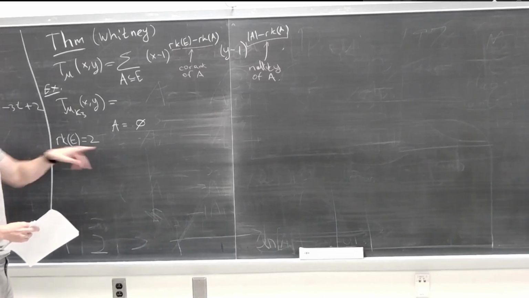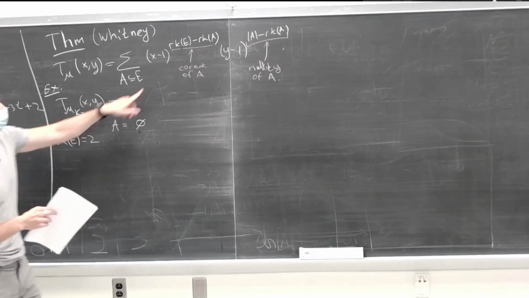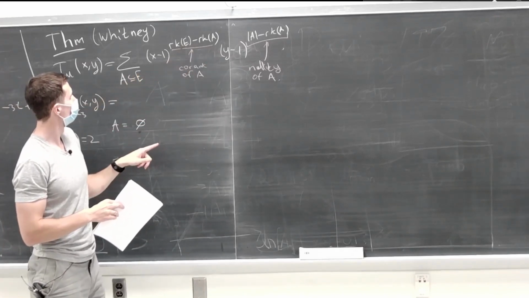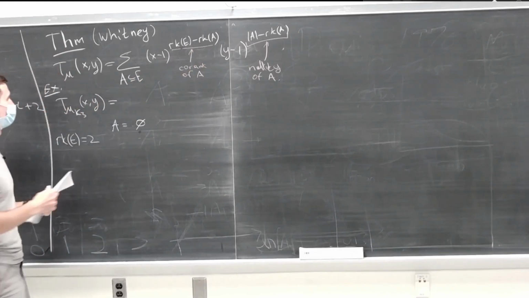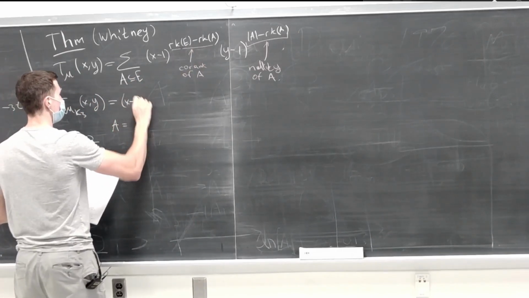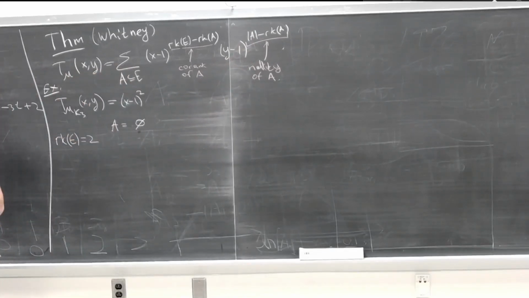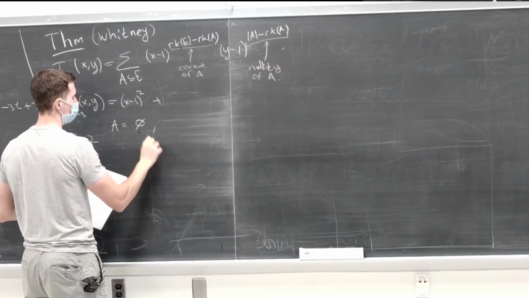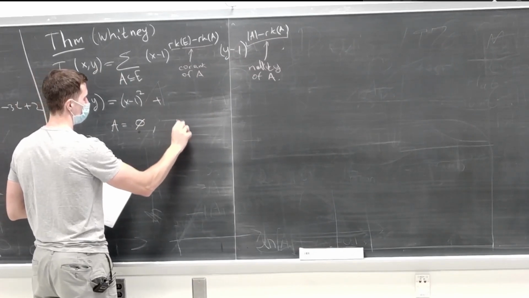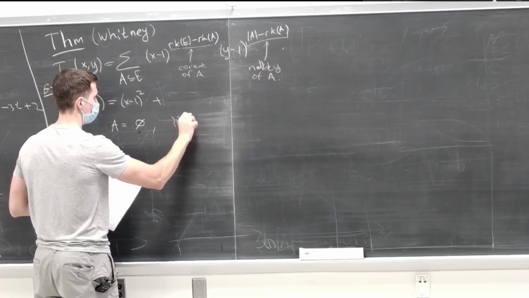Okay, so if A is empty, what is the rank of E minus the rank of A? So (x minus 1) squared, and what is the second exponent? 0. Now, A could also be a 1-element set, so 1, 2, or 3.